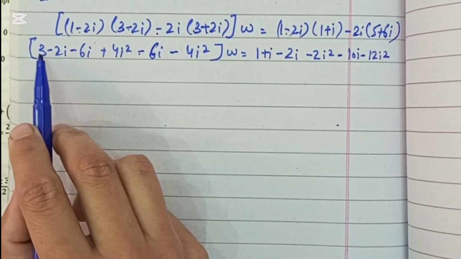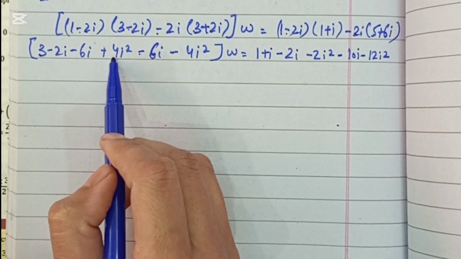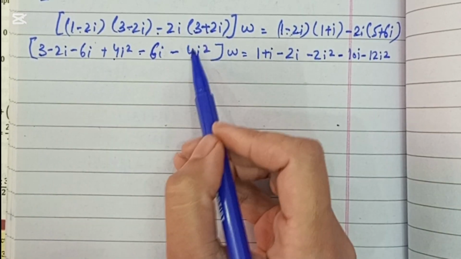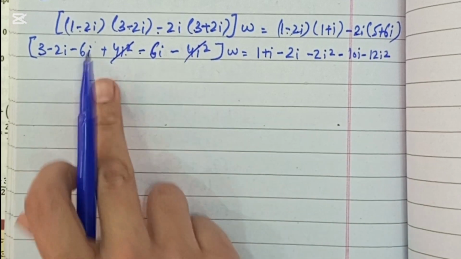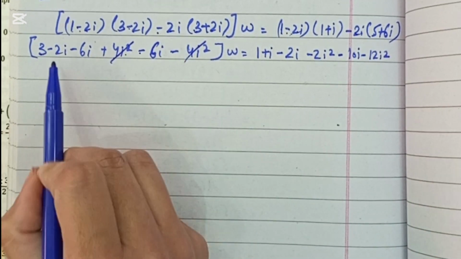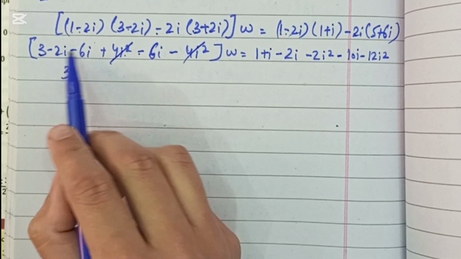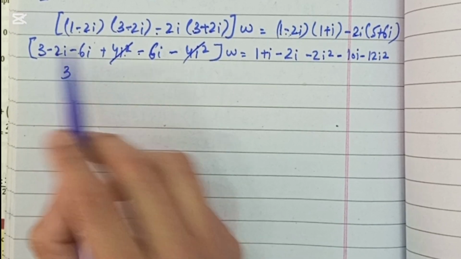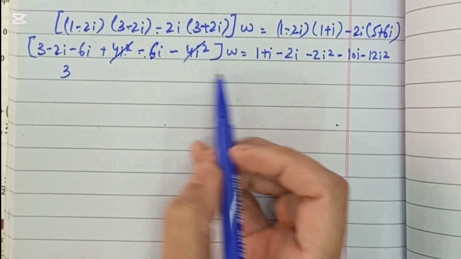Okay, so now check out, this 4 iota square and this 4 iota square will be cancelled with opposite sign, and this 3 will be left here. 6 minus 6 minus 2 is minus 8, minus 8 and minus 6 is minus 14.